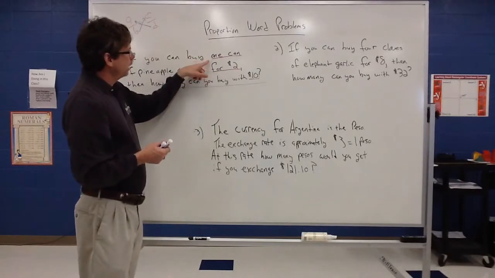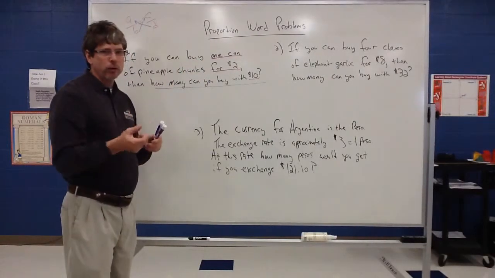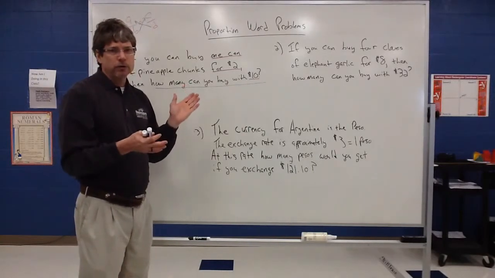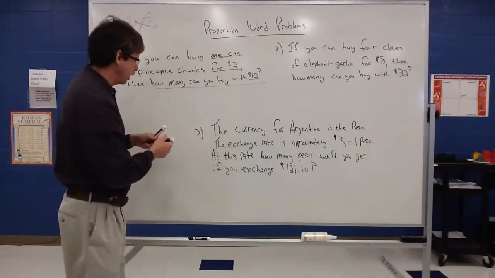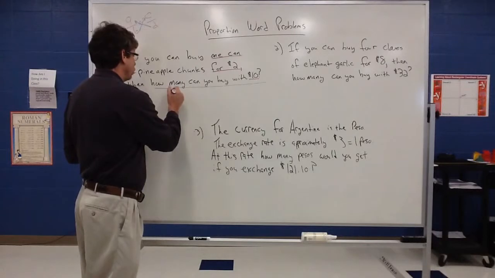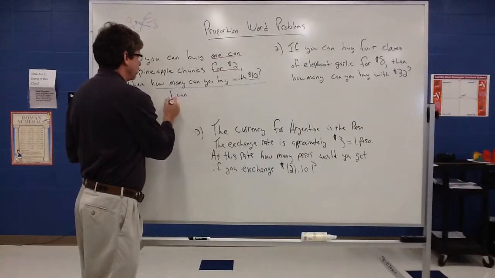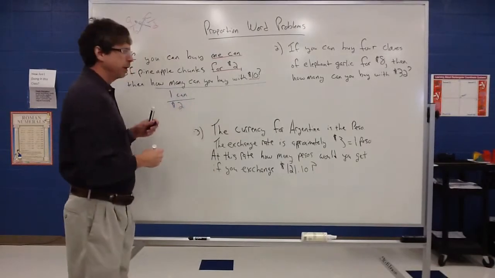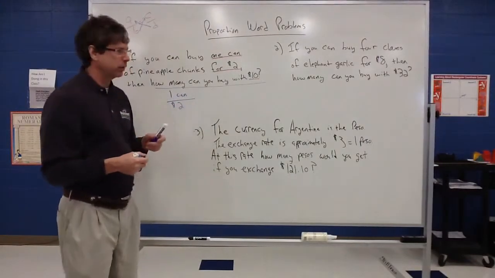So 1 can goes with $2, and we can write a ratio. Those two numbers work together. A ratio is a special fraction, so I can write that 1 can goes with $2 as a fraction.